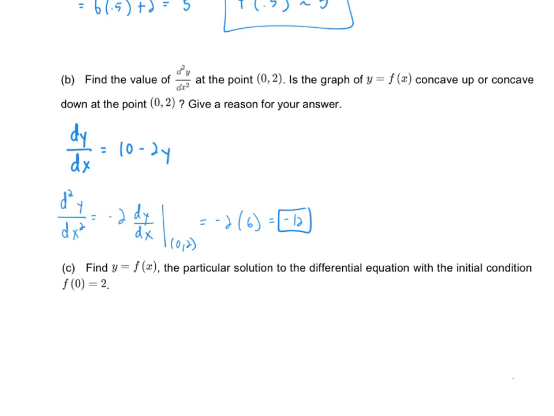So just write a little sentence: f of x is concave down at 0, 2 because the second derivative is negative.